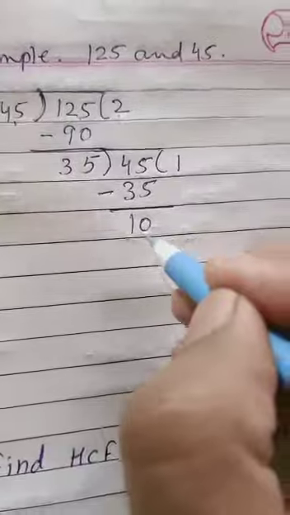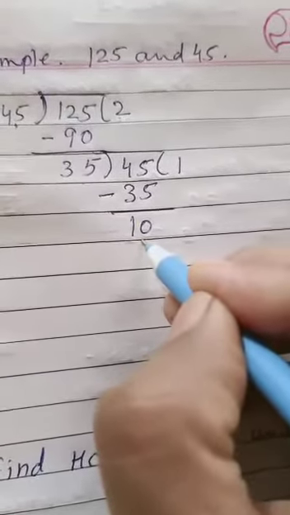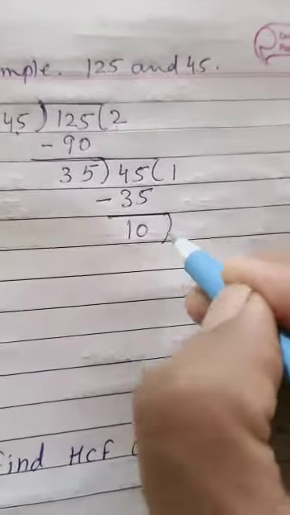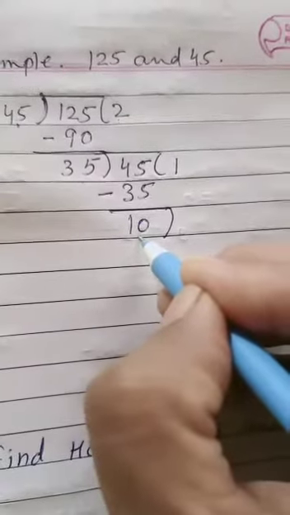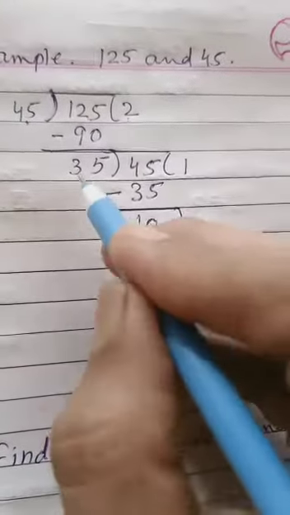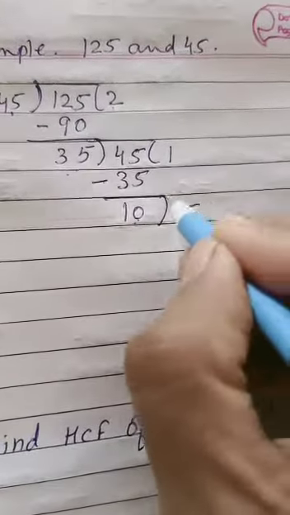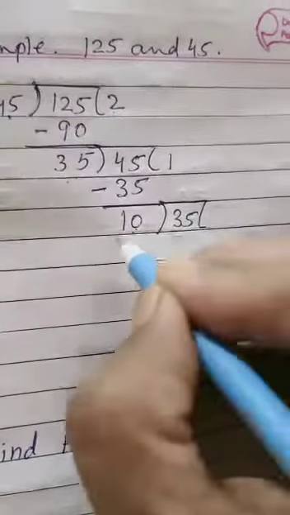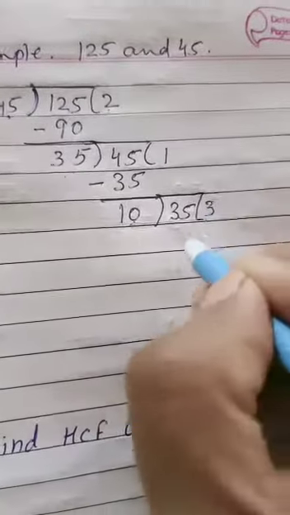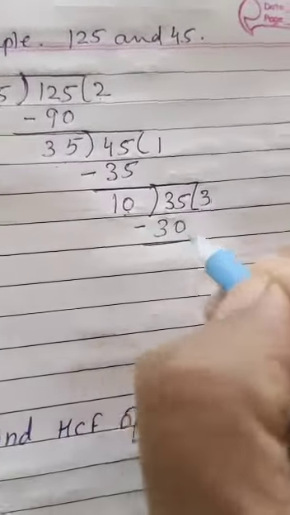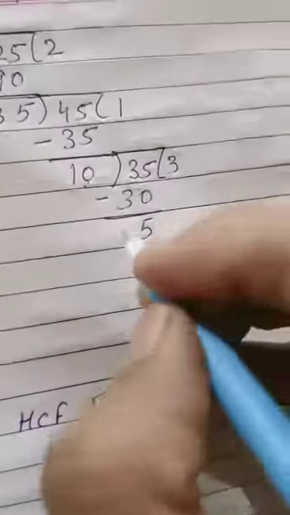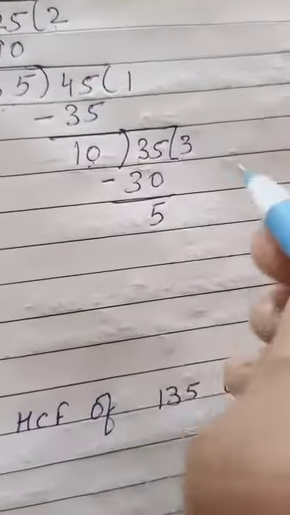Again we have not got remainder 0, so again we will divide. This remainder will become divisor and the previous divisor will become dividend. So when we divide this, 10 3s are 30 and when we subtract this, we will get remainder 5.